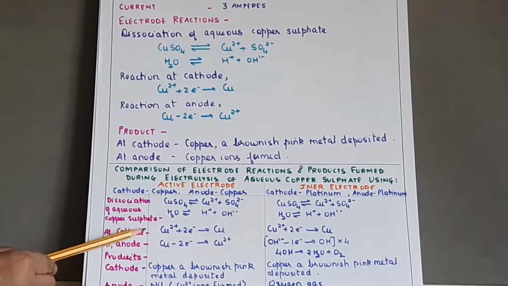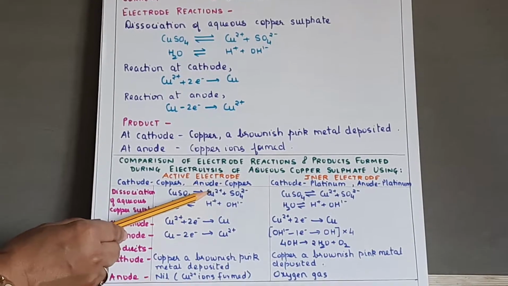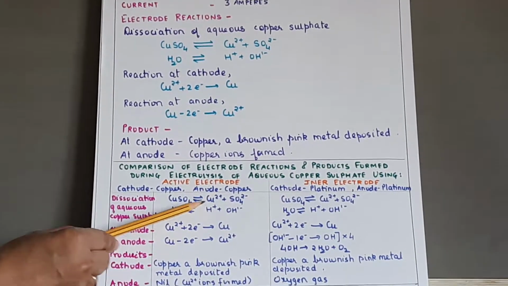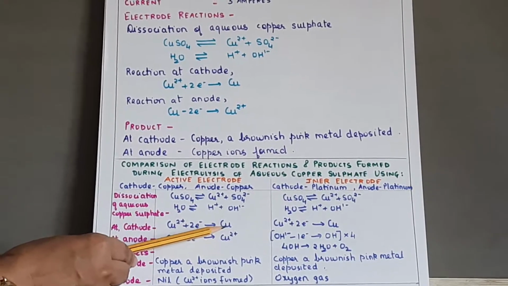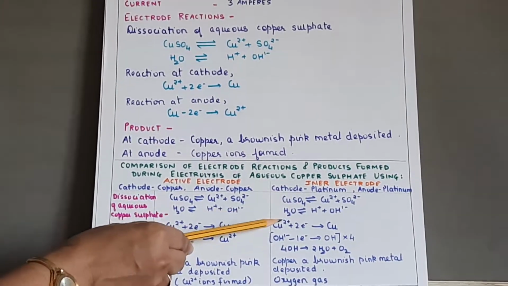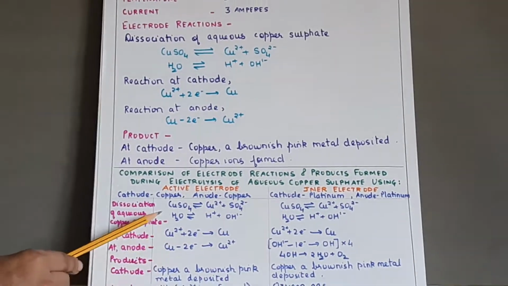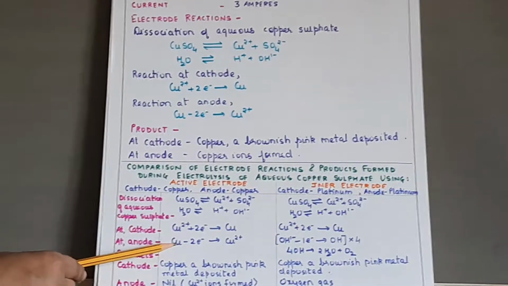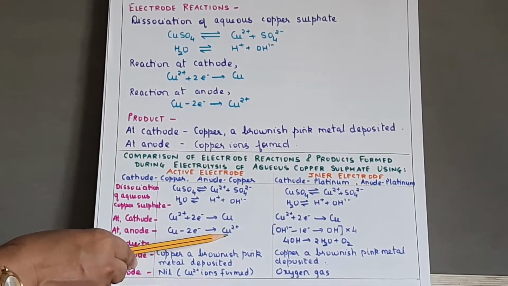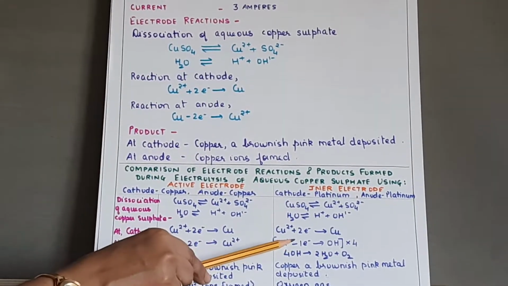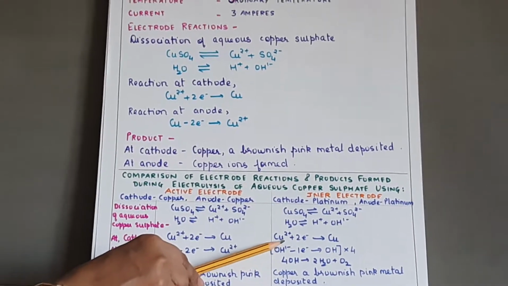Okay, now at cathode, both copper and H plus will migrate to the cathode, and naturally copper will get preferentially discharged. So neutral copper atom is produced. Here also it will be the same. Now at anode, since active electrode, so copper anode itself will lose electrons and will form copper ions, as we saw above, right? And here copper is not active, anode is what?